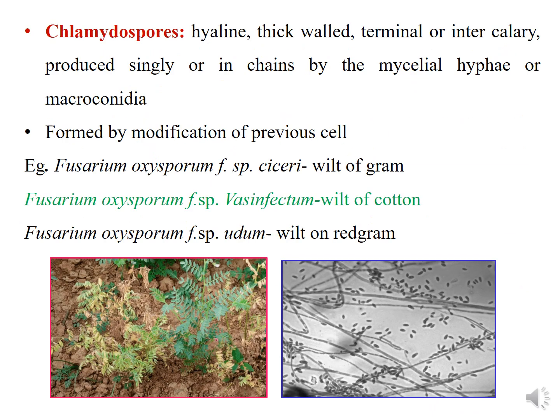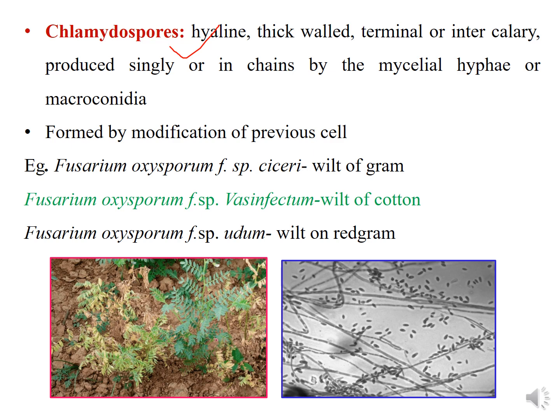And coming to the third type of spores, chlamydospores. Chlamydospores are produced from the mycelium. They are produced either at the tip or intercalary, that is, they are intercalary in growth or produced at the terminal portion. These chlamydospores are hyaline, but thick walled. These are the resting spores.